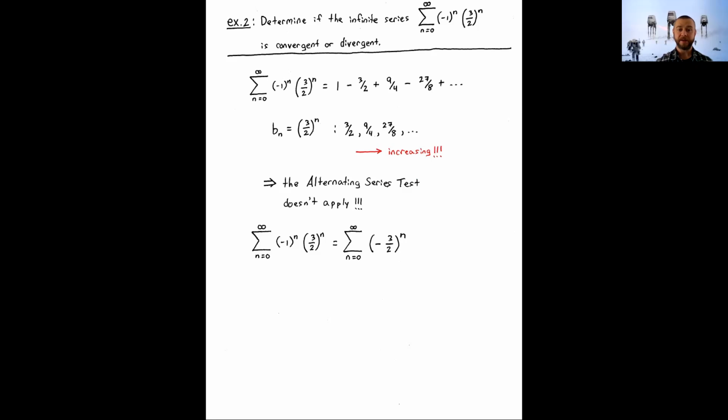We can bring in -1 and multiply it to 3/2 and have that whole product raised to the nth power. You're most probably used to applying the exponent rule when you have 2 factors inside an nth power, you can take the nth power of each factor. Here we're reversing that.